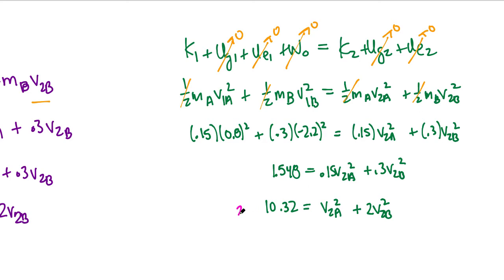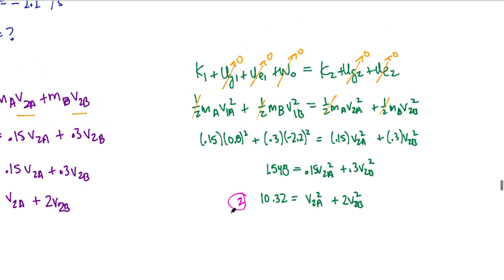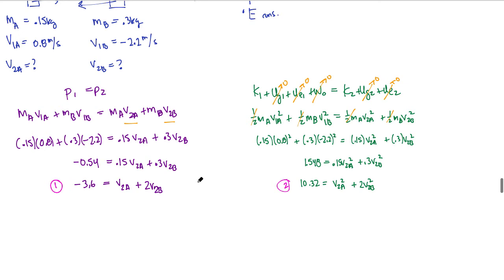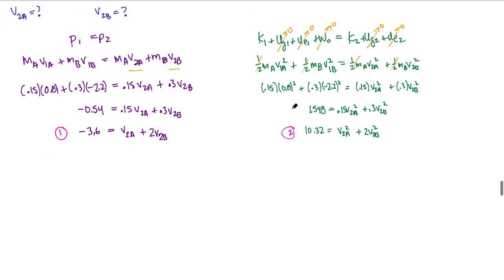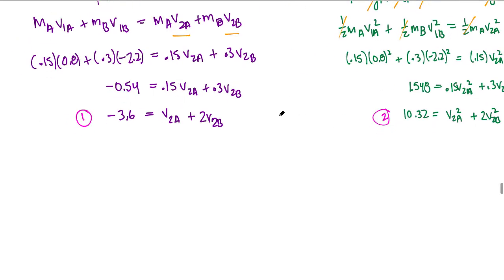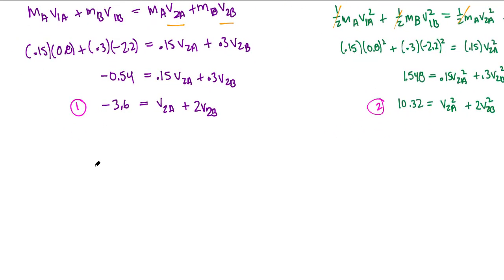So this is my second equation. And I now have two equations with two unknowns that I can use to solve for those unknowns. Putting these equations together, I'm going to start with equation 1, and solve this for V2A because that's really easy to do. So from equation 1, V2A is equal to negative 3.6 minus 2 V2B.